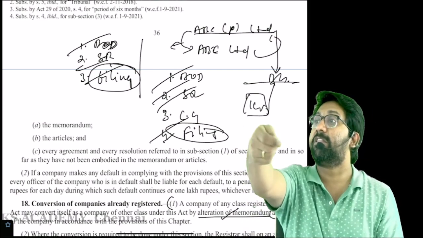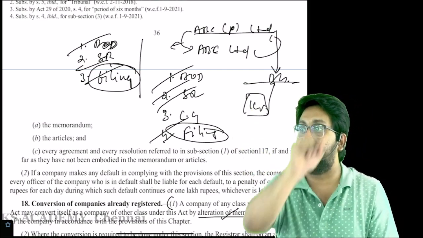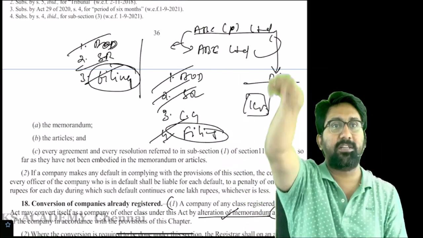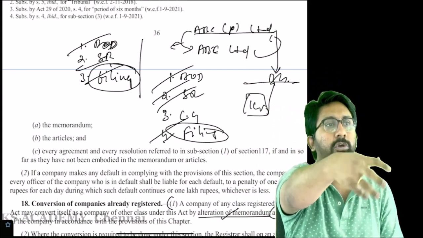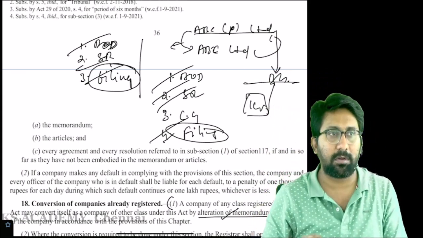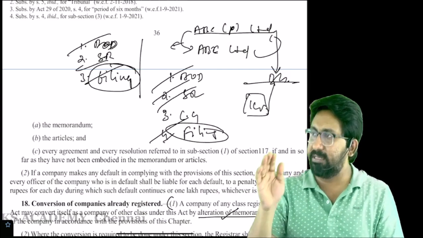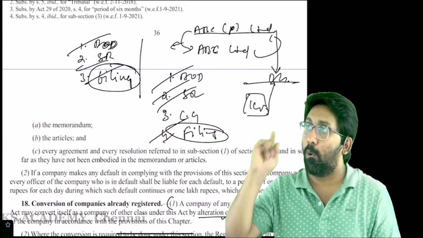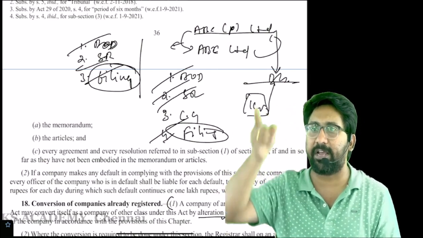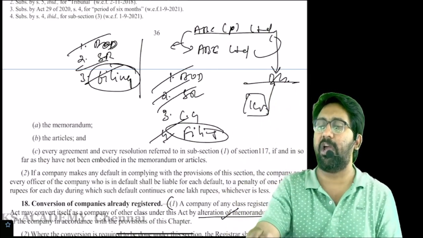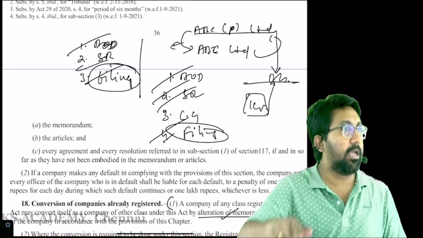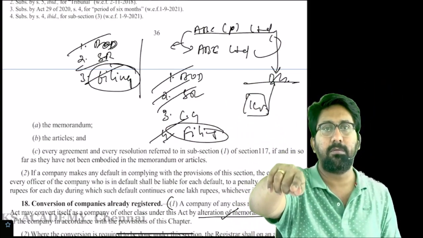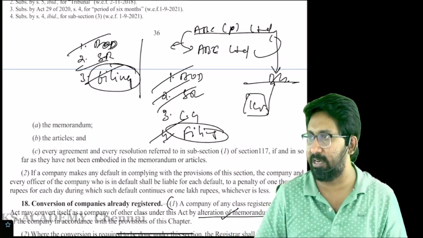After that, file it with the ROC, which will cancel the old COI and issue a new COI. Clear? Once I am issued a new certificate of incorporation, old debts, liabilities, obligations and contracts will continue, in the old name and in the new name. That's all. This is all about section 18.